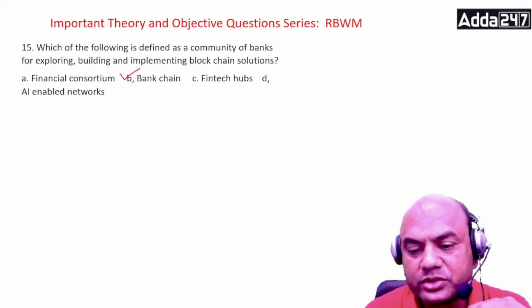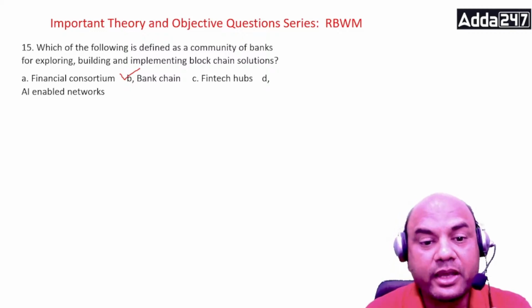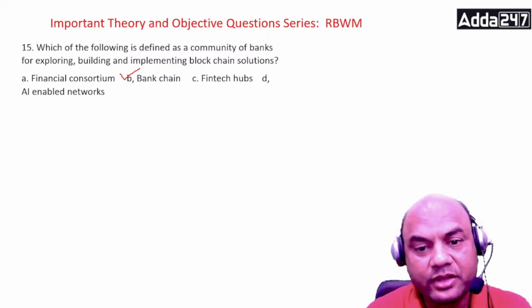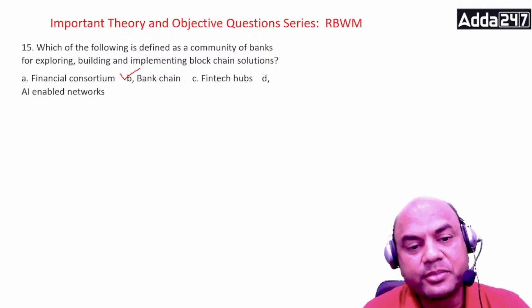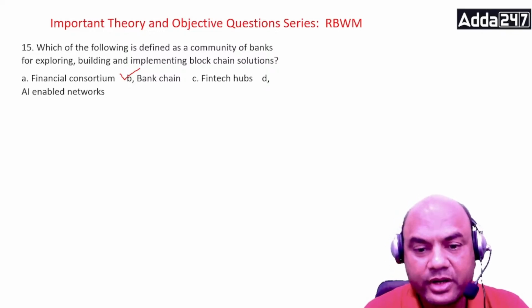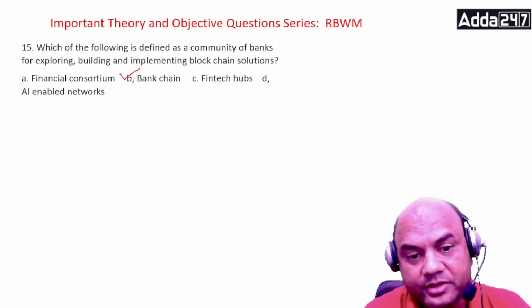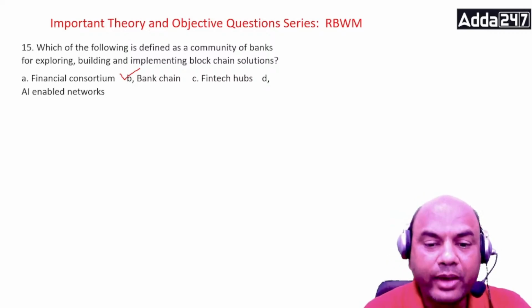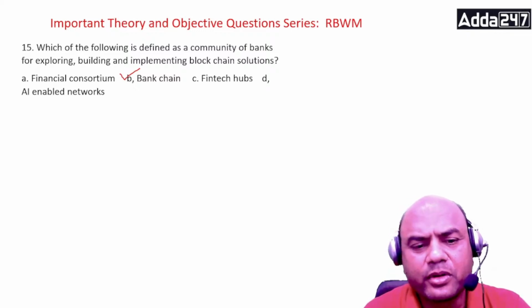Bankchain was announced in February 2017 by SBI, India's largest bank. A 30-plus member consortium led by SBI, the country's largest lender, includes banks, NBFCs, the National Payments Corporation, and organizations set up by the government of India. So all these banks and NBFCs came together, not only banks. Bankchain is a community of these banks for exploring, building, and implementing blockchain technology.